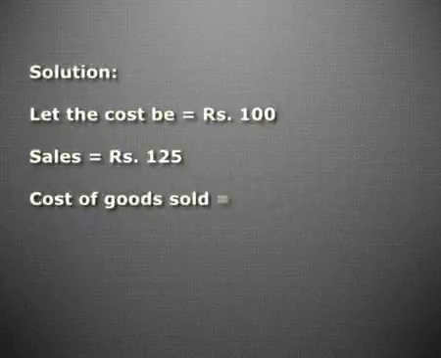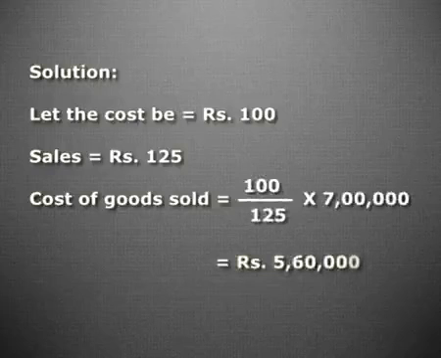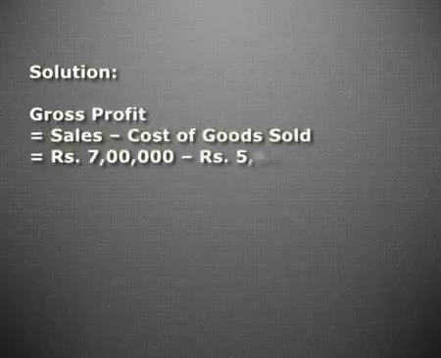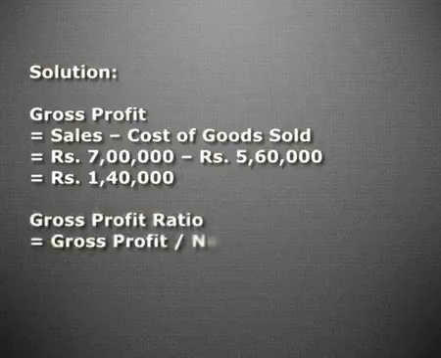Cost of goods sold is equal to 100 divided by 125 into 7 lakhs is equal to rupees 5,60,000. Gross profit is equal to sales minus cost of goods sold is equal to rupees 7 lakhs minus rupees 5,60,000 is equal to rupees 1,40,000.